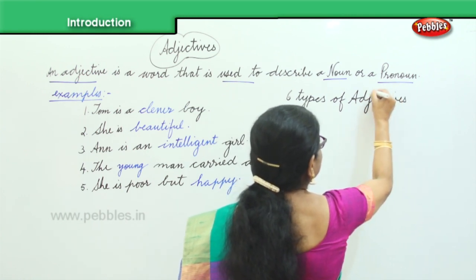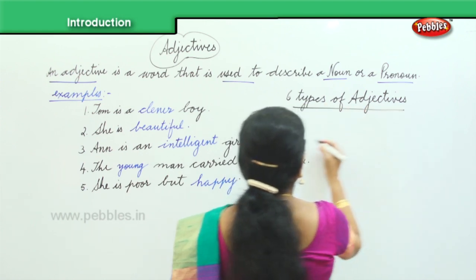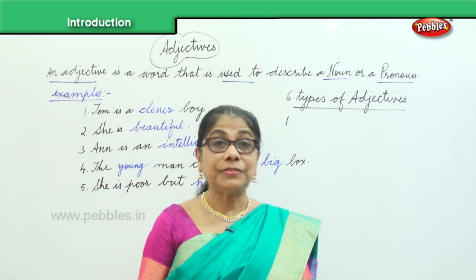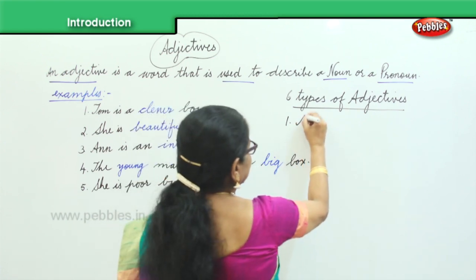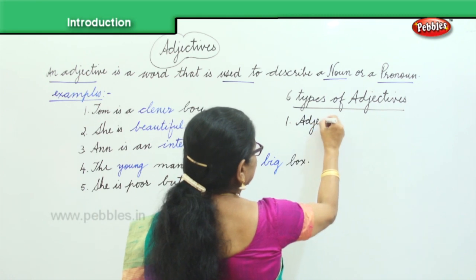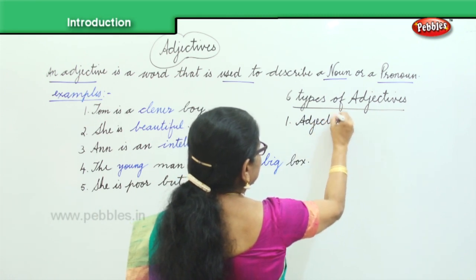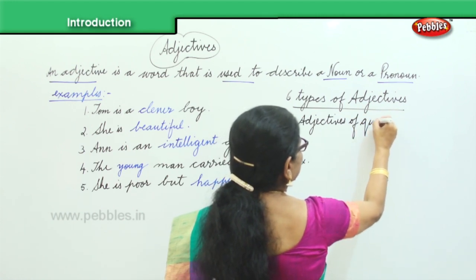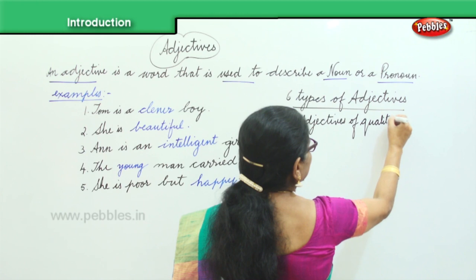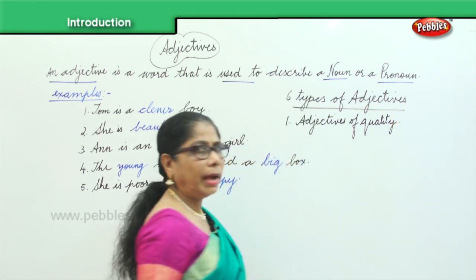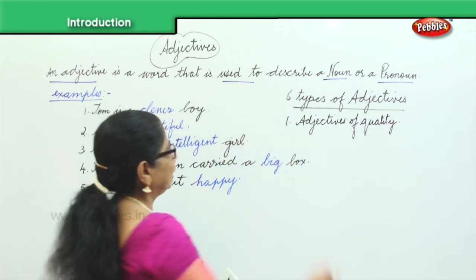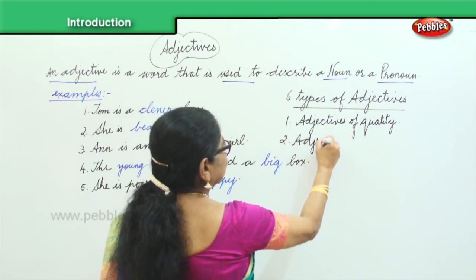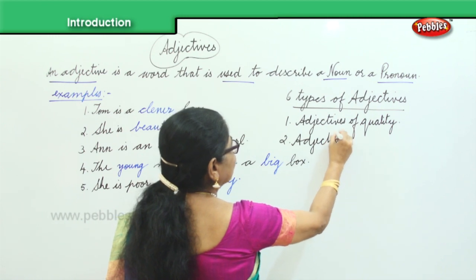Let's look at the 6 different types of adjectives. 1, we have adjectives of quality. What kind? Qualifying. Next we have adjectives of quantity. How much?